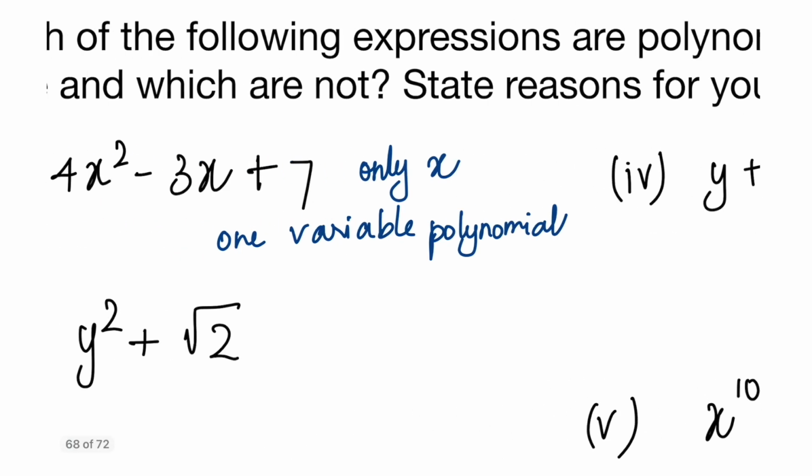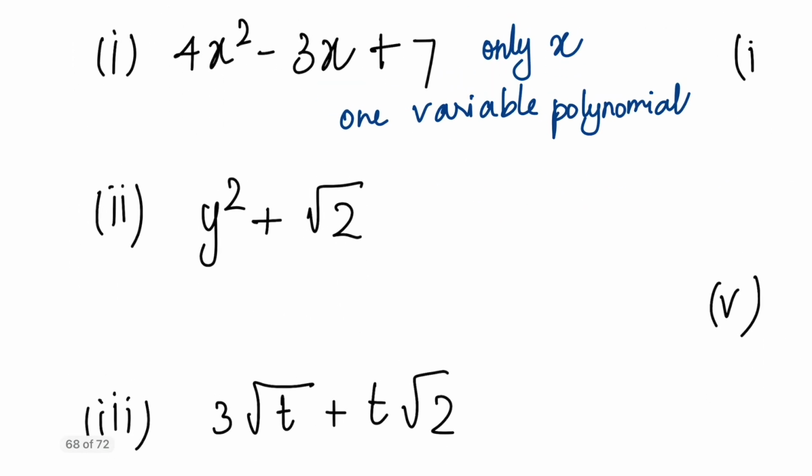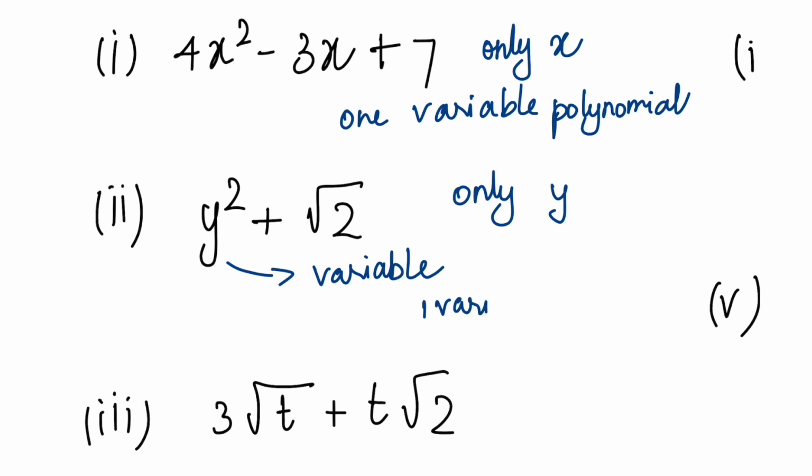Now moving on to the second subdivision here, which is y squared plus root 2. Again, this is a very simple expression. You don't get confused because of root 2. Basically this is our variable, and it has a coefficient of 1, and since the entire expression has only one variable y, it is a one variable polynomial.